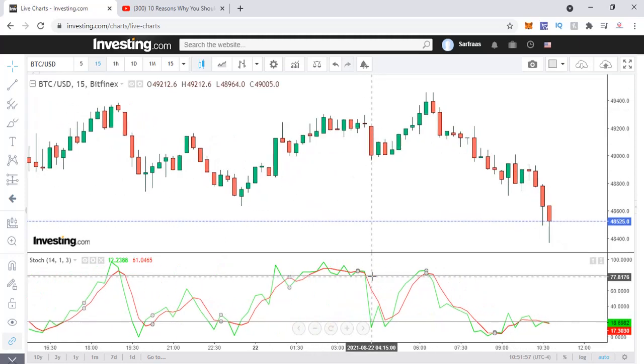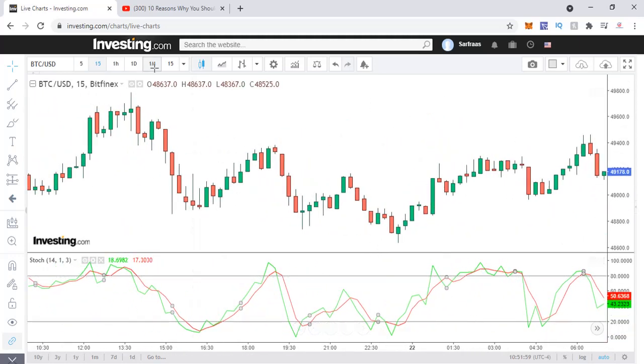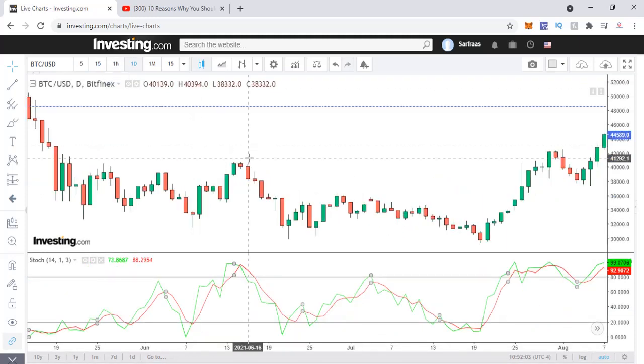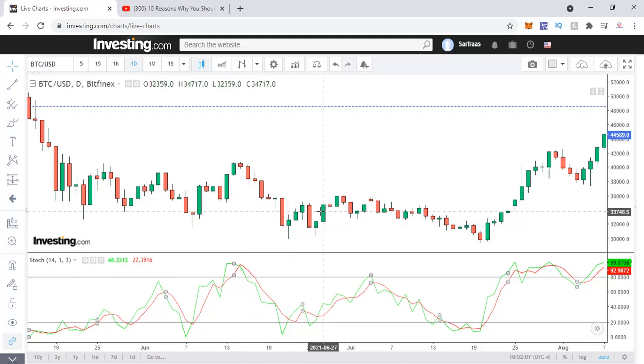Okay, so let's move ahead to a higher time frame. This works in all time frames, you don't need to, but I'm just trying to cancel out the noise over here.